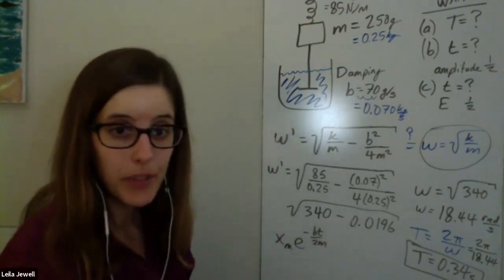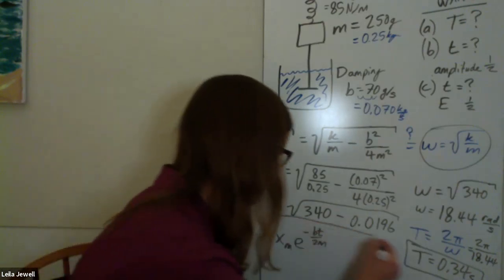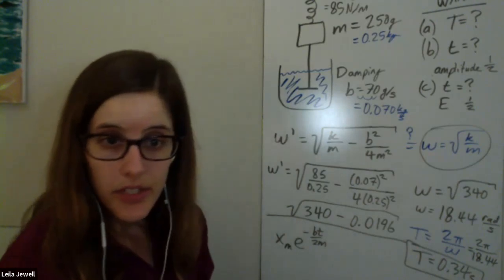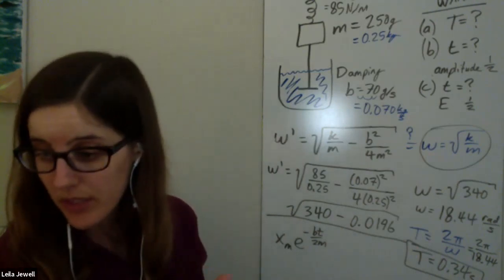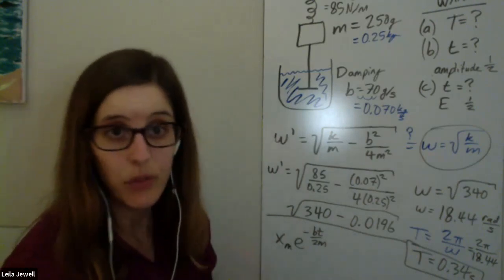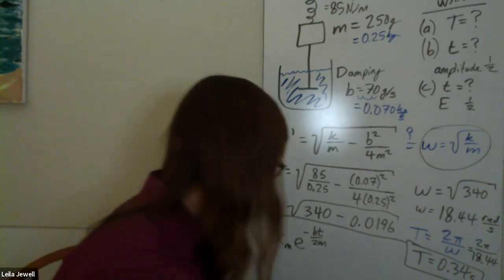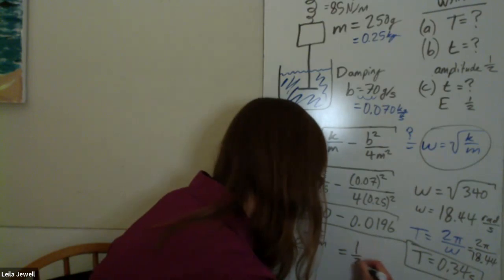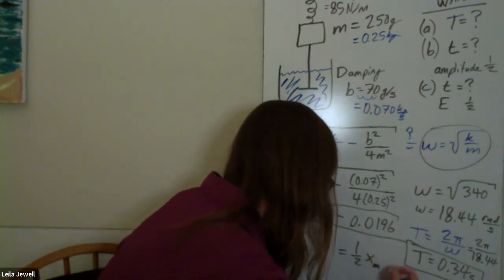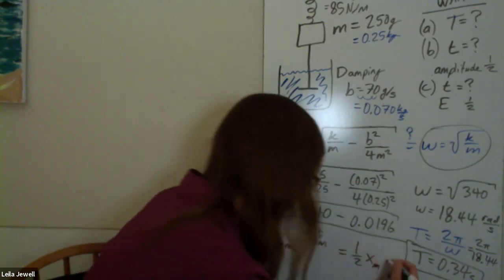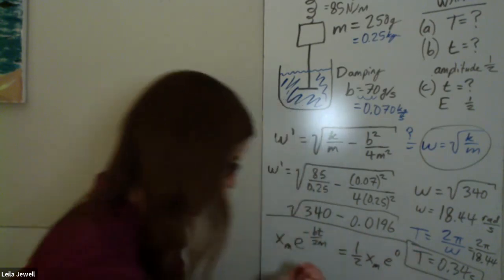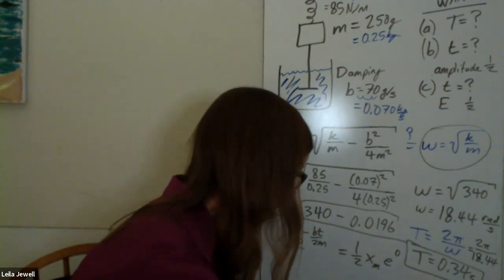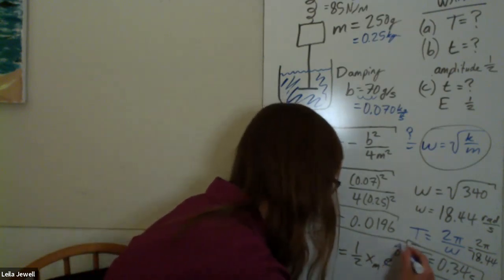So that's the amplitude at any given instant in time. And we want this amplitude to be equal to half of what it was initially. So the initial amplitude, so 1/2 of xm times really e to the 0, because we're plugging in time equal to 0. And e to the 0 is just 1, so the initial amplitude is just x max.